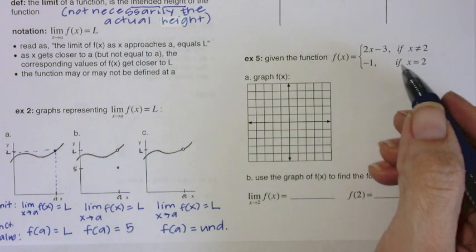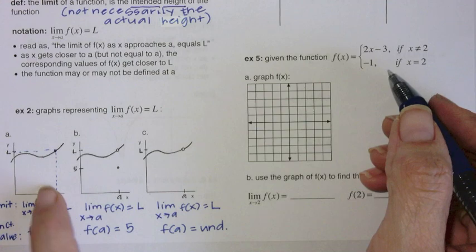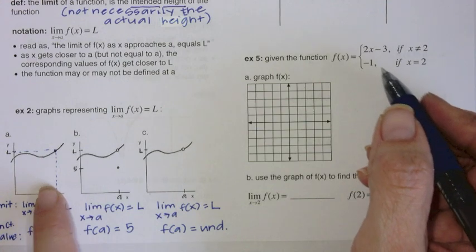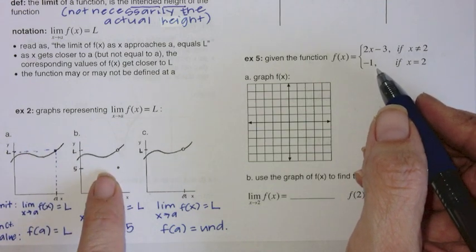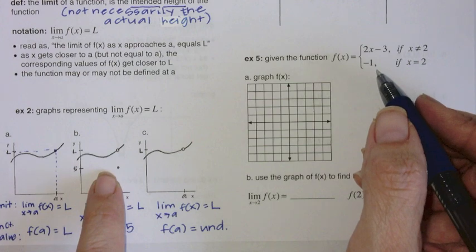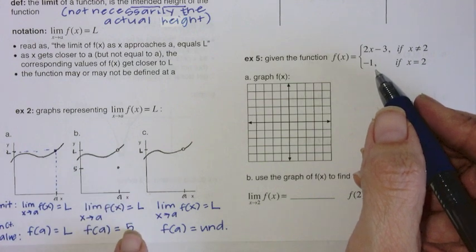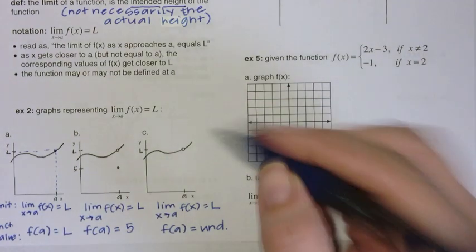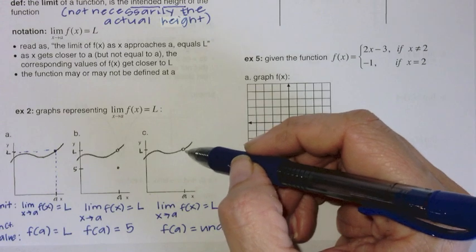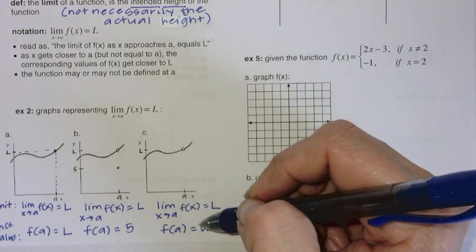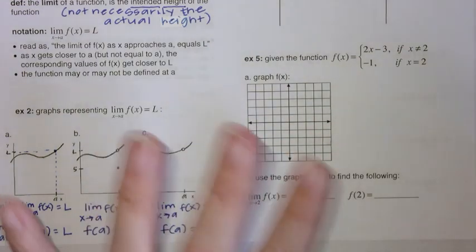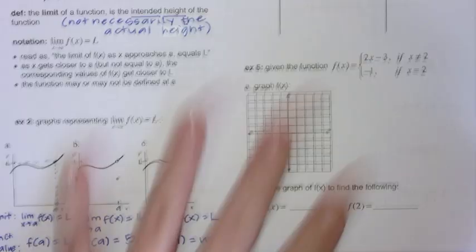So notice, this is one graph right here where the limit equals the function value. This one is where the limit doesn't equal the function value, but there does exist a function value. And then this one is where the limit is L and no function value is defined. Okay? Cool. So tables, now let's go on to the graph part.